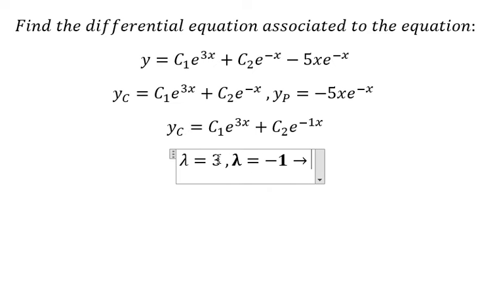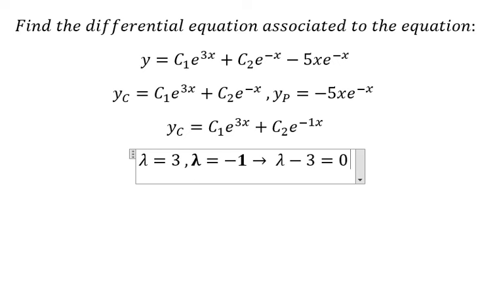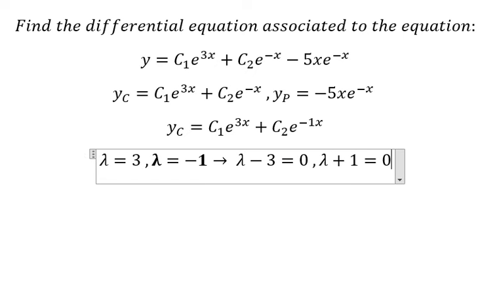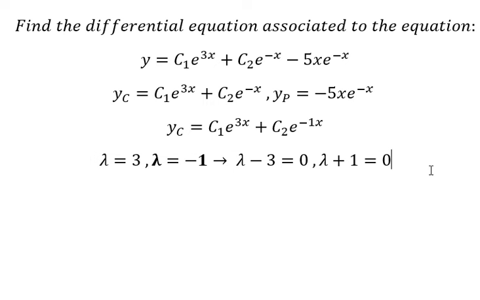So if I put number 3 to the left, negative number 1 to the left, we have lambda minus number 3 equal to number 0, and lambda plus 1 equal to number 0, and they are the factors of the complementary solution.